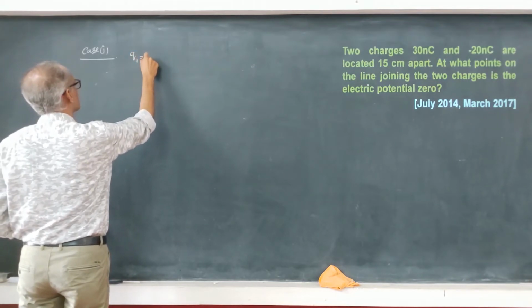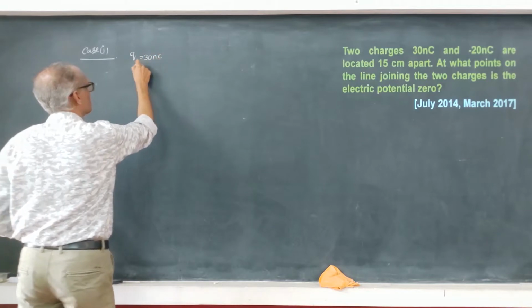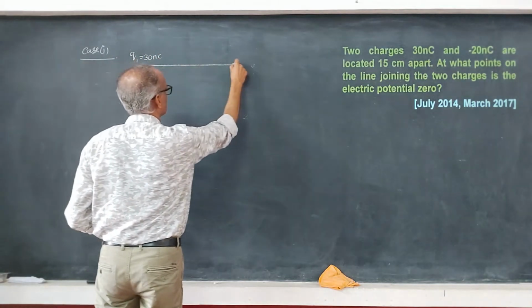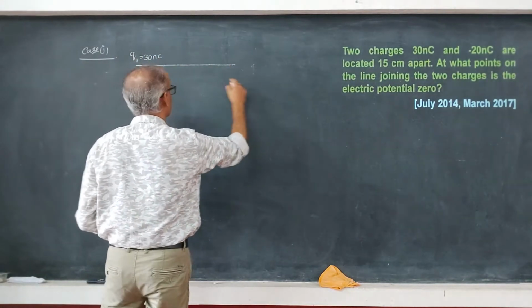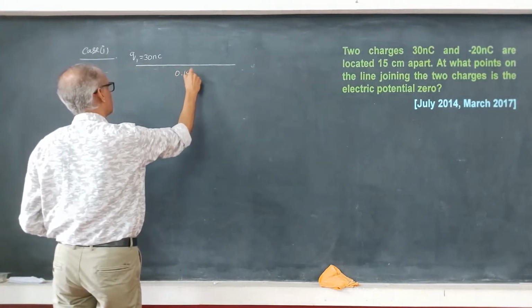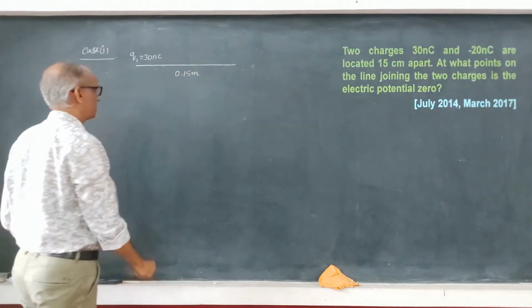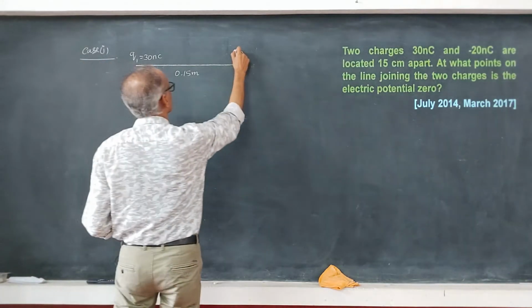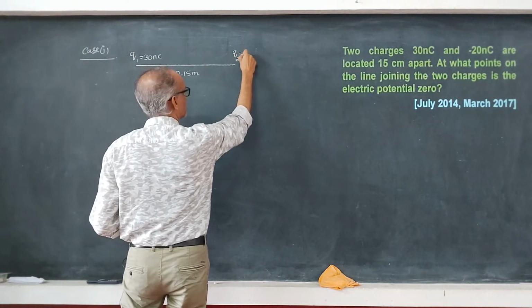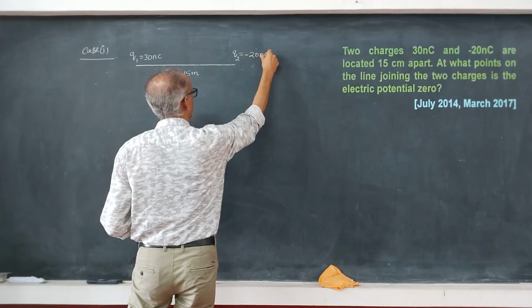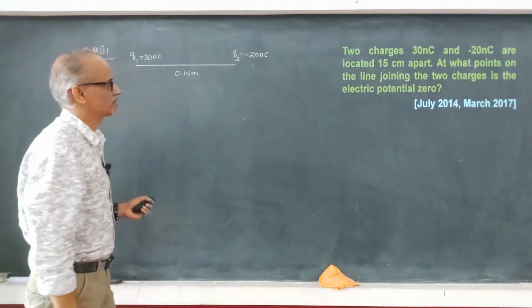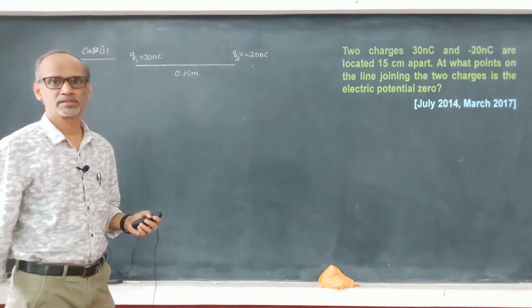So Q1 is 30 nanocoulomb, separated by a distance of 15 centimeter. Let me write that in meter, which is 0.15 meter. The other charge Q2 is minus 20 nanocoulomb. At what points on the line joining the two charges is the electric potential 0?